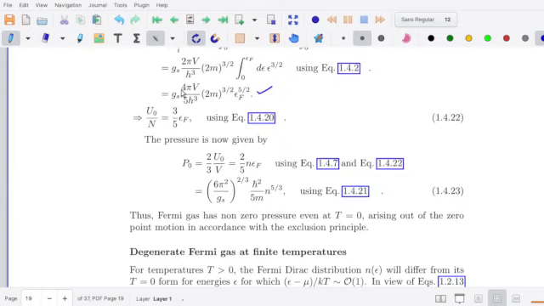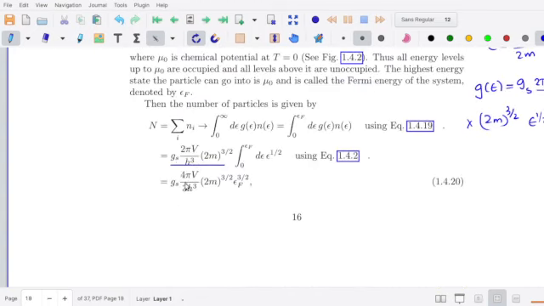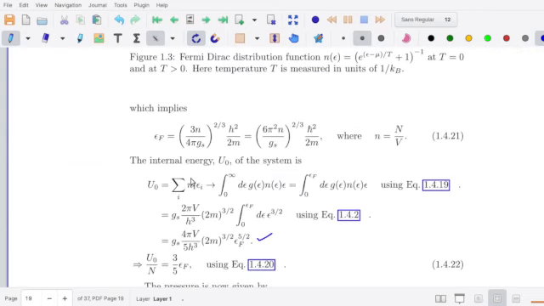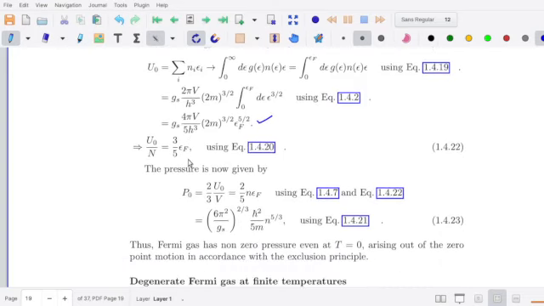Now instead of 4 pi V by 3 h cubed here, we have 4 pi V by 5 h cubed there. So there is an additional factor of epsilon f, and there is a numerical factor over here. So U0 by N will result in 3 by 5 epsilon f.